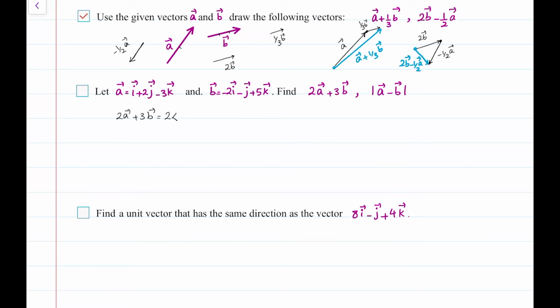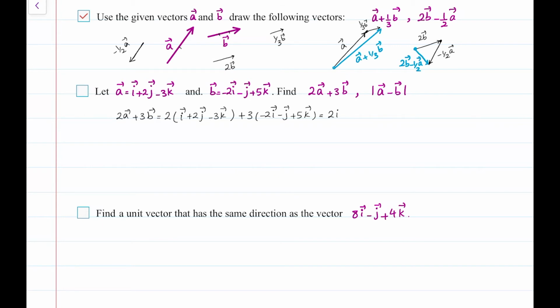So 2 is going to multiply the vector i plus 2j minus 3k, and then plus 3 times the vector B, which is negative 2i minus j plus 5k. So let me multiply everything.